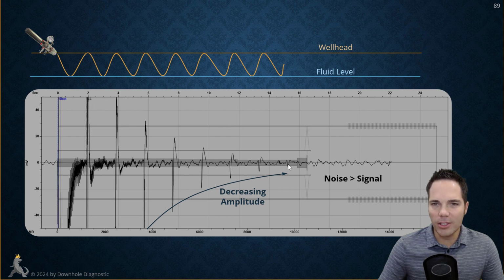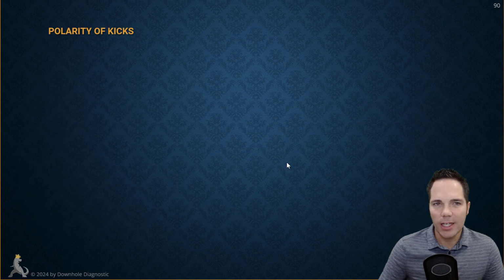The next repeat should be at an equal distance, which I think would be probably right about there. It's hard to actually certify that that is the case. The next one, I don't know. At this point, the noise to signal ratio is too great. We cannot distinguish it. But we don't have a problem identifying the fluid level. It's really high right here, but notice that the amplitude will decrease as the energy depletes.